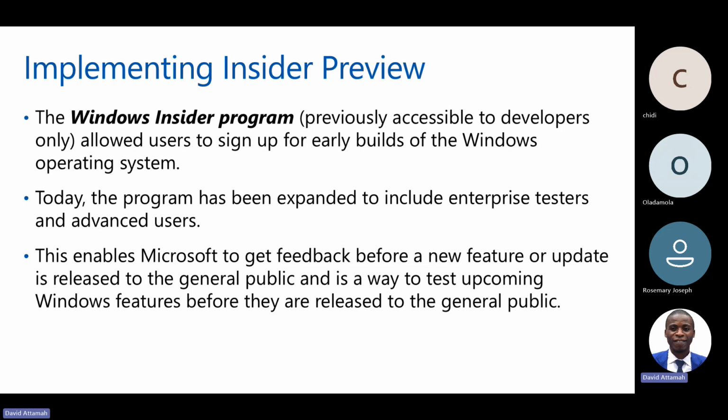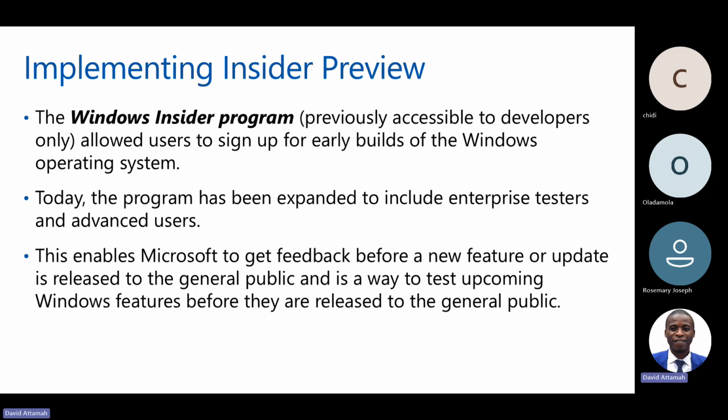When you sign up to participate in this program, if you're someone who likes updating your system regularly, you have the opportunity of getting any released updates earlier than everyone who is not part of the program.